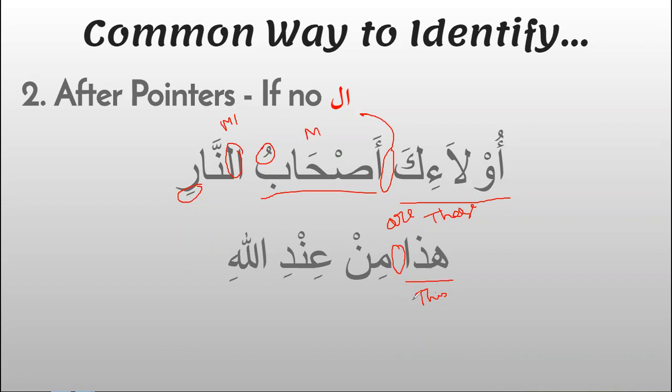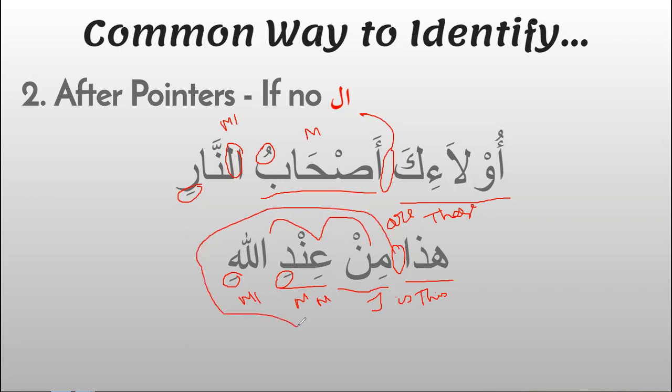So hada, this is; min, see, min is a harf jar, which is causing the next word to be jar, and this word is a special mudaf. That's why it's causing the next word jar. So this one is mudaf, mudaf ilay, and this one is jar and majrur. This word is connected to this word and this word is connected to this word, so there is a connection.